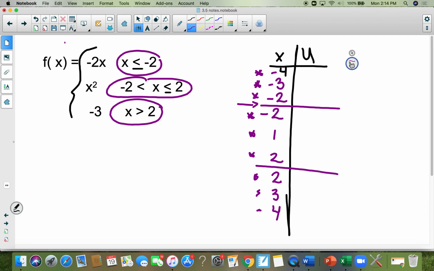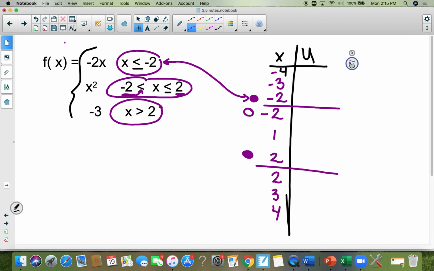Okay, now I've got to figure out if it should be open or closed circles. So let's look at -2, which is this one right here. It needs to be a closed circle because there's a line underneath it. Here's the other -2, and look at that. There's not a line underneath it, so that's an open circle, but this one has a line underneath it, so it's a closed circle.